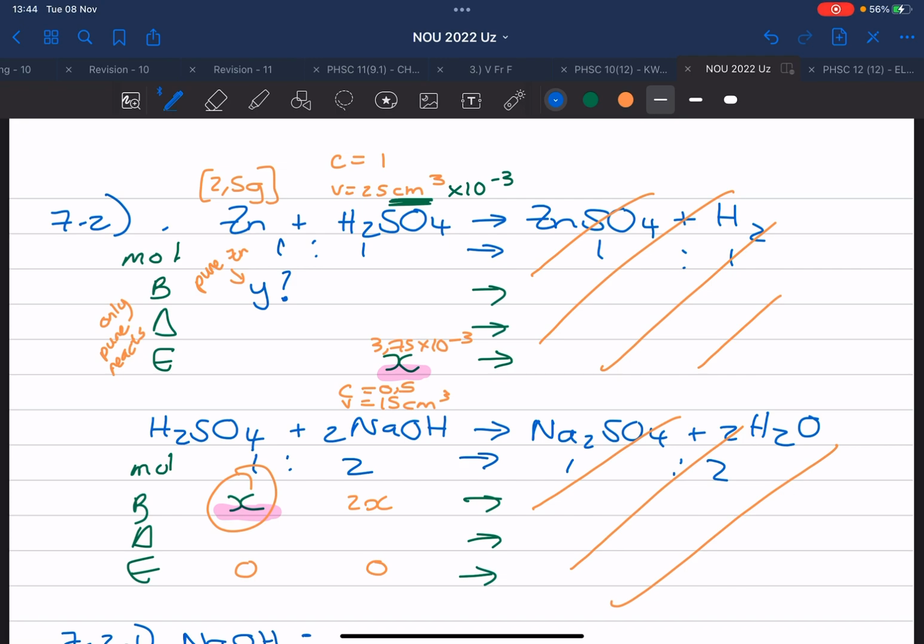Maar hulle het gesê, they did say, that was left over, the excess, I used again daar. Daar gaan altyd 'n link tussen die twee wees. There will always be a link between the two. En hierdie vraag, 90% of the time, you'll have to work backwards. So dan gaan jy die link gee, and then they're going to give you information here, en dan gaan jy hom terugwerk.